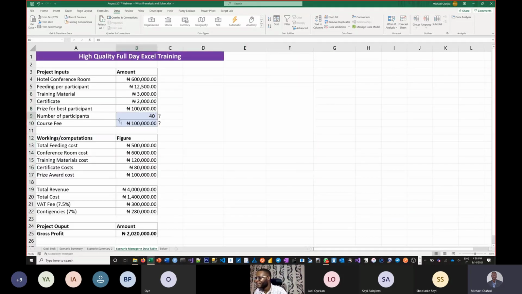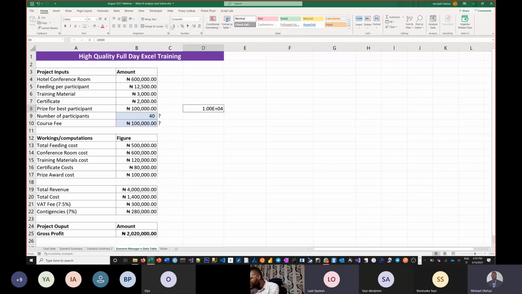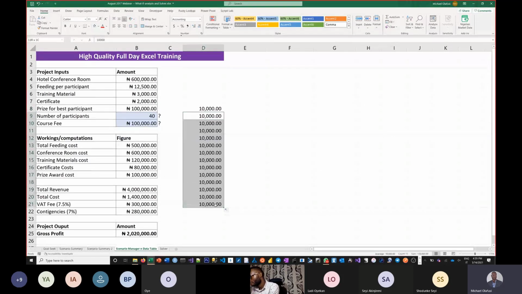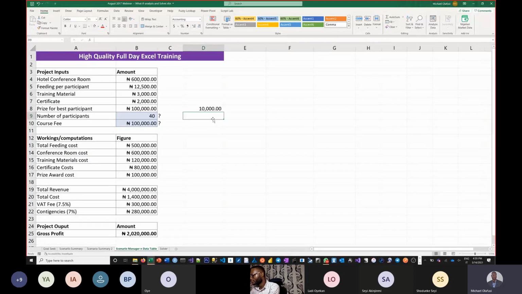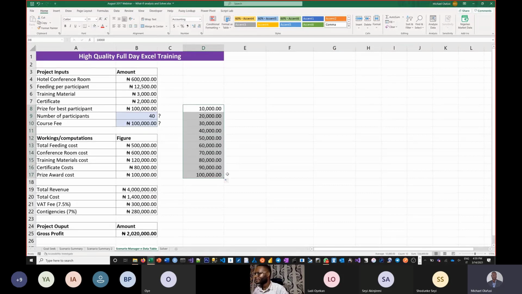So I'm lucky that I have 2 major inputs here. So let us create sensitivity analysis around these 2 major inputs. So how does it work? You are going to say, one input changing. So let's say how much we are charging: 10,000 naira, 20,000 naira, so let me just keep up the pattern up to, let's say we know that we can charge above 100.